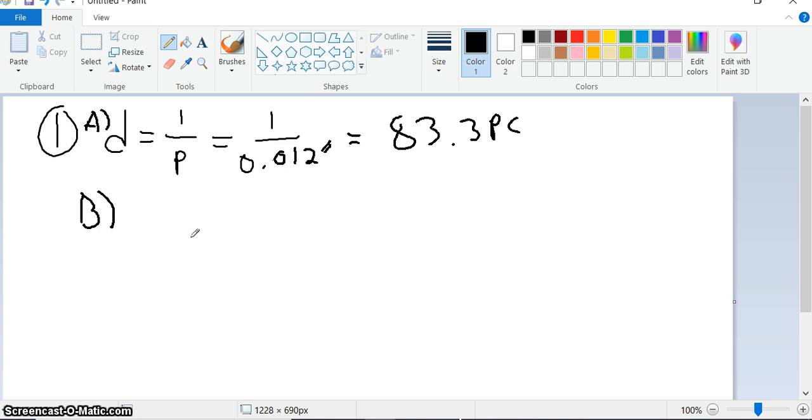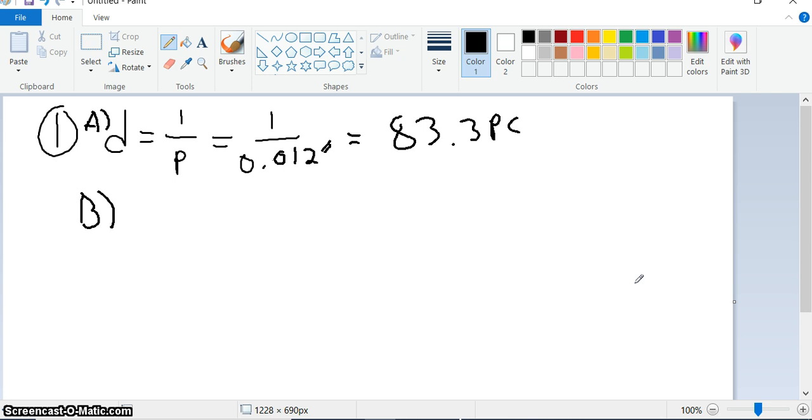We're using this equation right here. The distance is 1 over the parallax, and the parallax has to be in arc seconds. And so it's 1 over 0.012, and the 2 hash marks means arc seconds, and so that's equal to 83.3 parsecs.